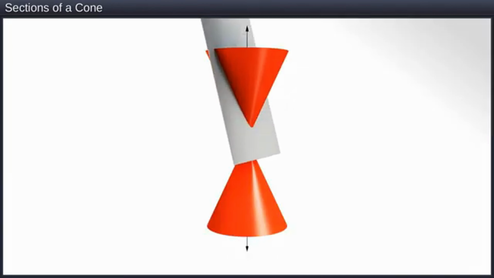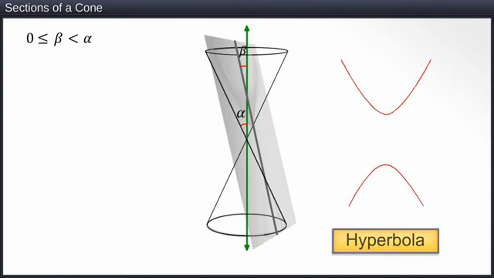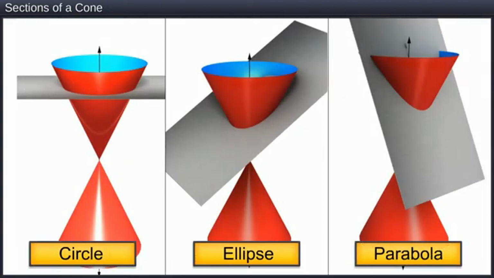If the plane intersects the cone such that angle beta is less than angle alpha and greater than or equal to 0, the plane cuts across both napes of the cone, and the resulting conic section is a hyperbola. Observe that in the formation of conic sections in the form of a circle, ellipse, or parabola, the plane intersects only one nape of the cone.